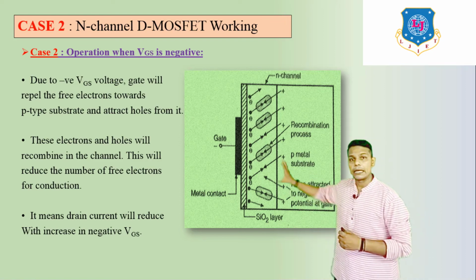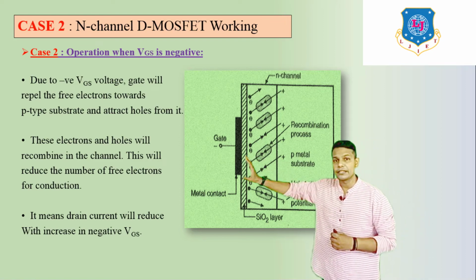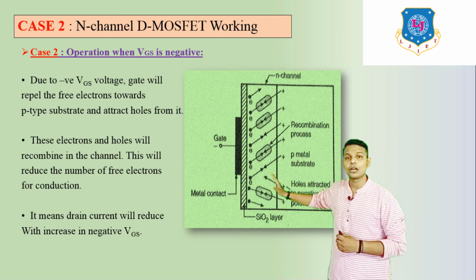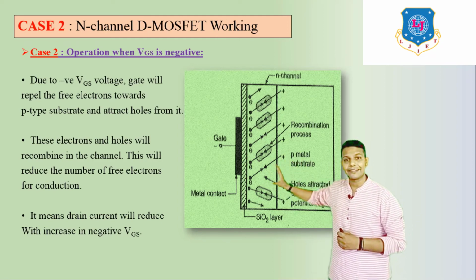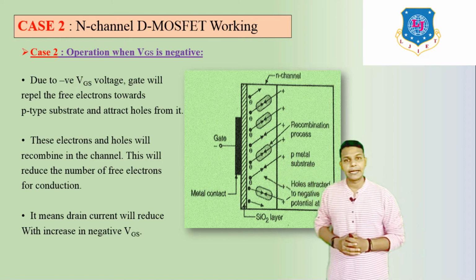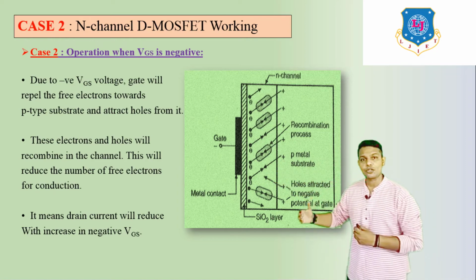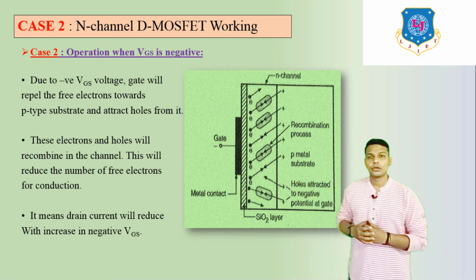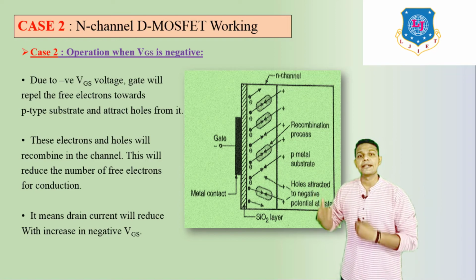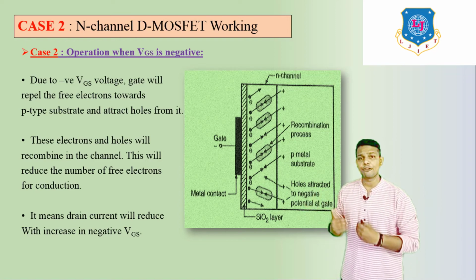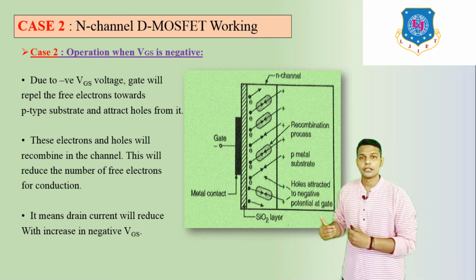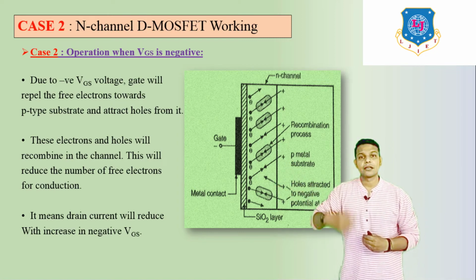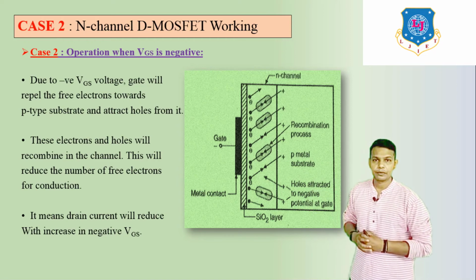Here in this material, we can see majority carrier charges are holes, and it attracts towards this negative polarity. Due to this process, electron and hole make a pair. So if we increase negative voltage, that means if we increase negative VGS, so more and more electron hole pairs are generated.